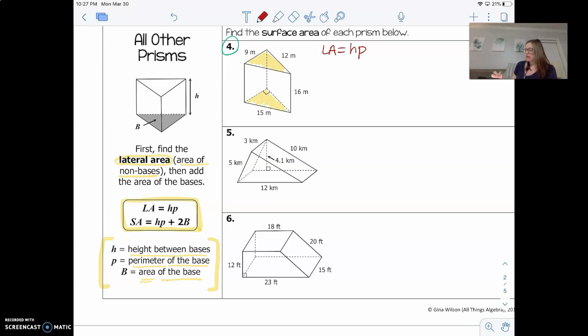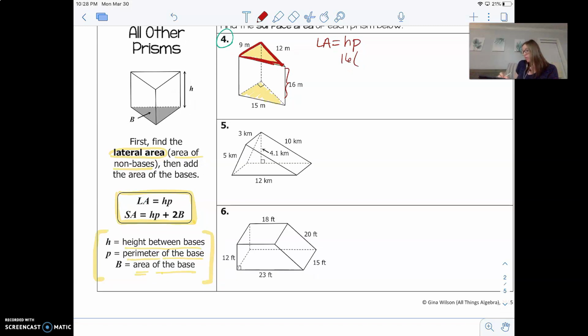So that means the height of the prism is 16. Now, perimeter of the base. Careful here. You want to make sure you're doing the perimeter from here to here to here. Perimeter means adding up all the sides, right? So we want to add up the side lengths of the base, okay?